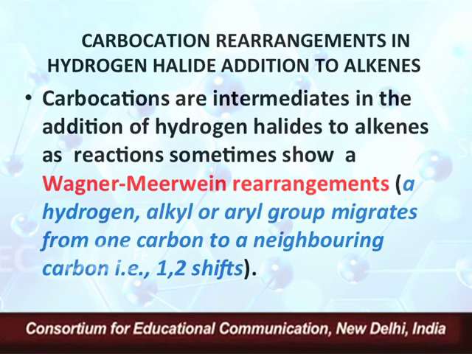So how do they undergo rearrangement? They show Wagner-Meerwein rearrangement, or rearrangements in which hydrogen, alkyl or aryl groups migrate from one carbon to a neighbouring carbon, and these shifts are also known as 1,2 shifts.